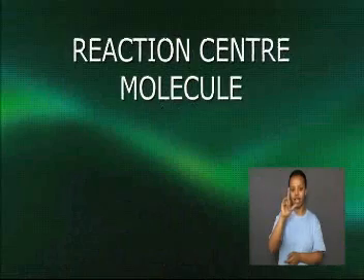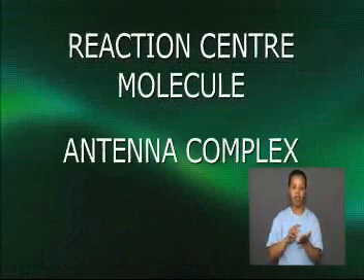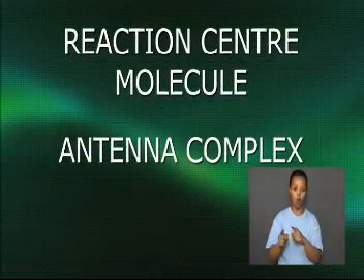Photosystems are structured as a number of pigment molecules grouped around one chlorophyll molecule called the reaction center molecule. A group of pigment molecules is called an antenna complex. The reaction center molecule is positioned next to the electron transport chain.